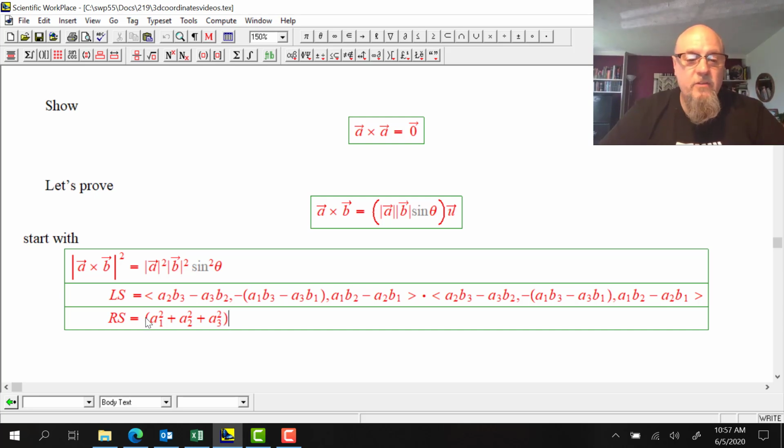Likewise, magnitude of B squared is going to be B dot B, or B1 squared plus B2 squared plus B3 squared. Now I just need this sine squared theta.